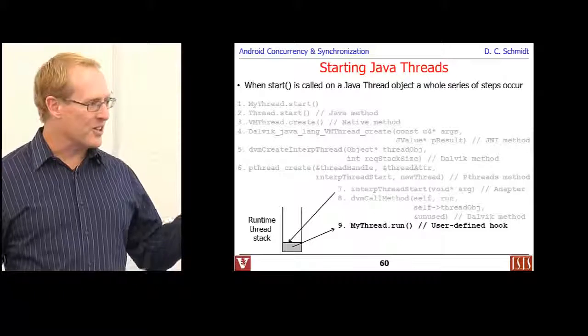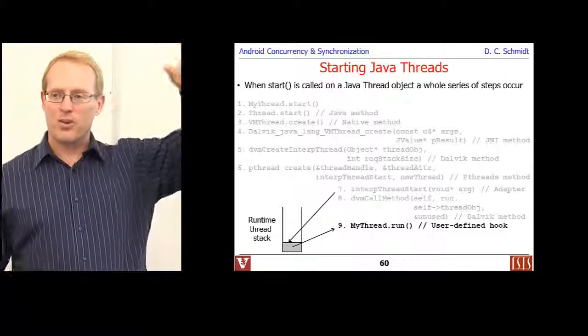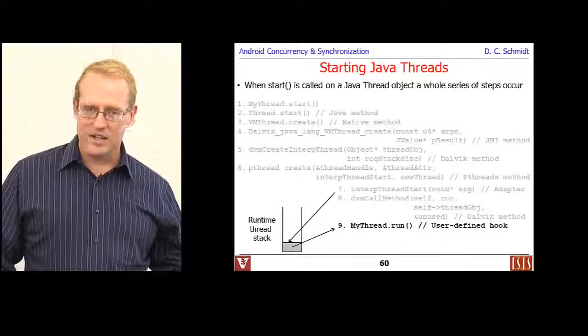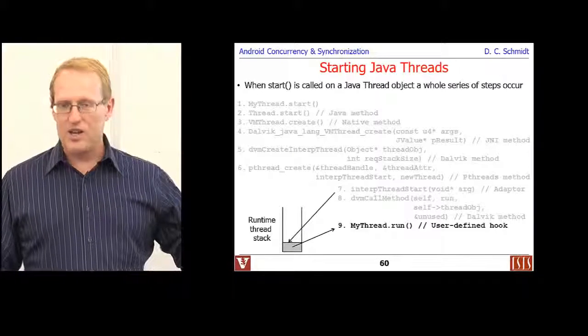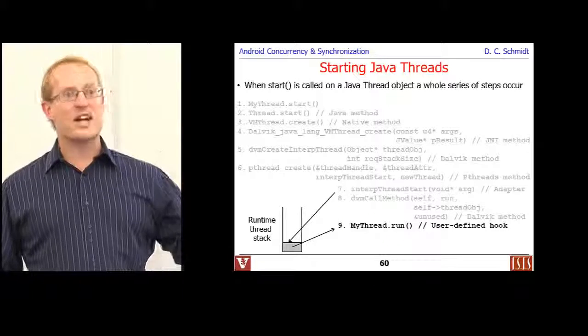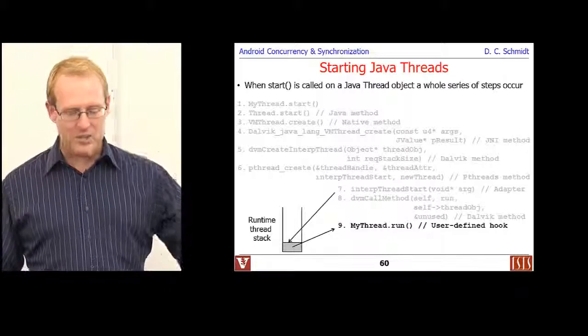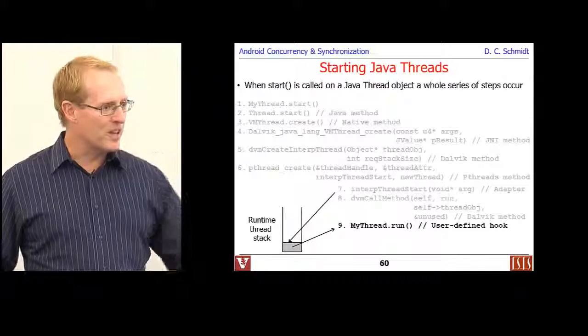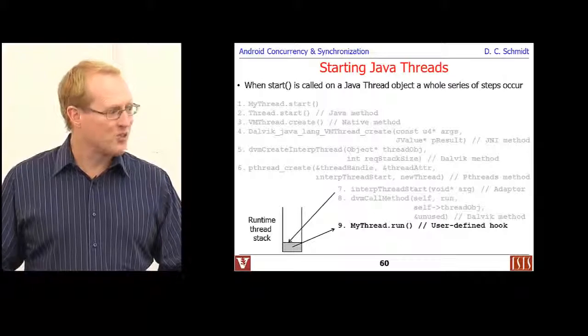So we started out calling start on my thread. We went through a whole bunch of different layers of calls through the Java class library implementation, through the Dalvik virtual machine implementation, down into pthreads, down into the kernel, and then back out to the Dalvik virtual machine, and then finally a call back to the hook method on your code, all just to get run to run.